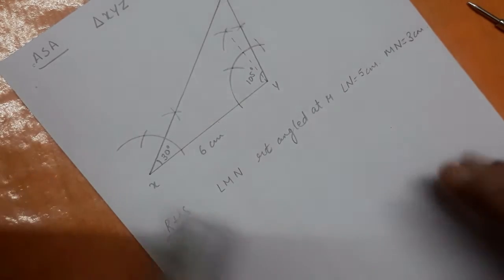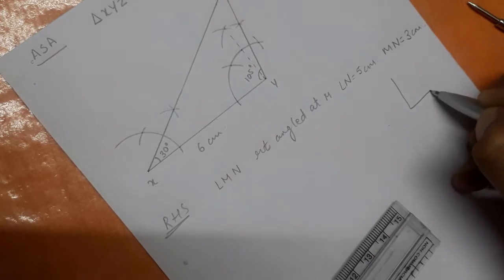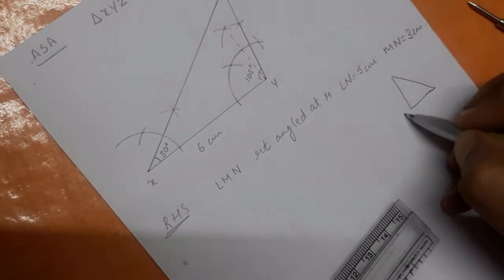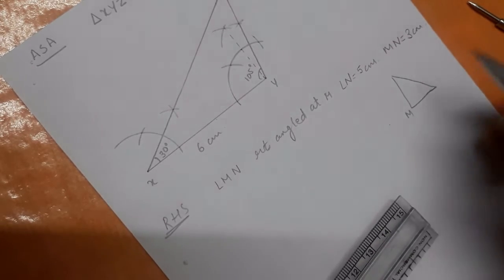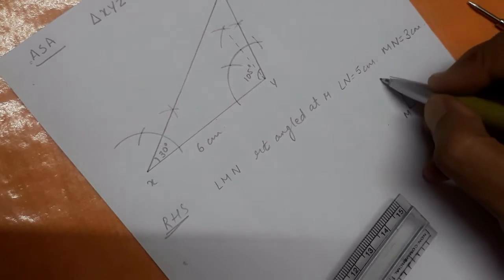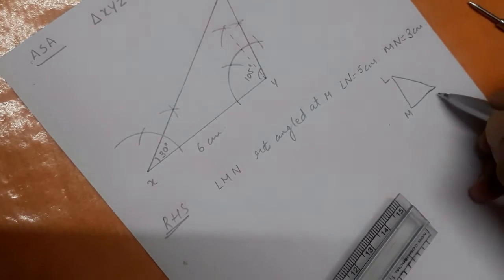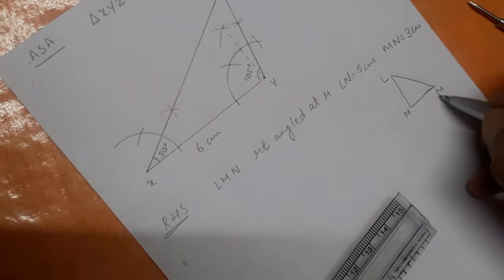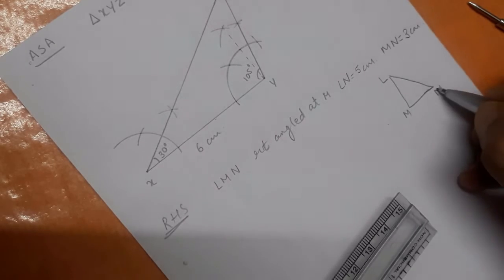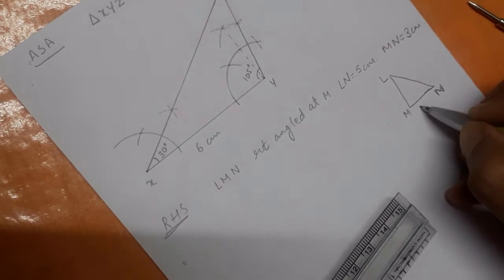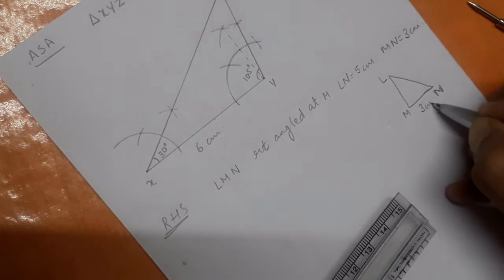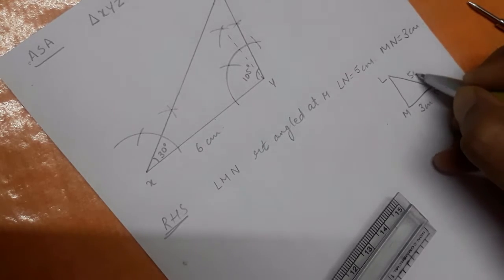Now first of all, let us draw the rough figure. So we know that it is right angled at M, so M is here. Now the other two we can draw here, L and N. L, M, N. Now MN is given as equal to 3 centimeter, LN is given as equal to 5 centimeter.